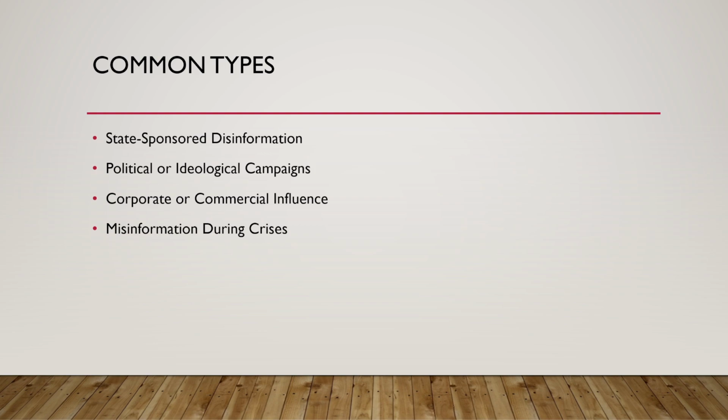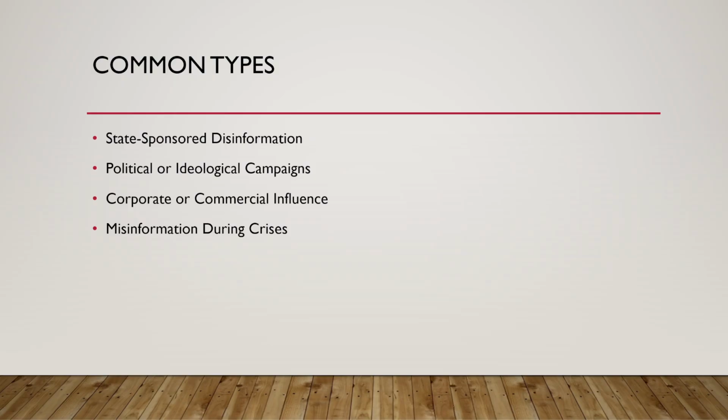Okay. We've got our corporate and commercial influences. They'll try to promote their products, discredit their competitors, or shape market conditions. And we see this all the time. They'll use paid influencers or fake reviews to manipulate social media discussions and generate a positive buzz around their own product or service.